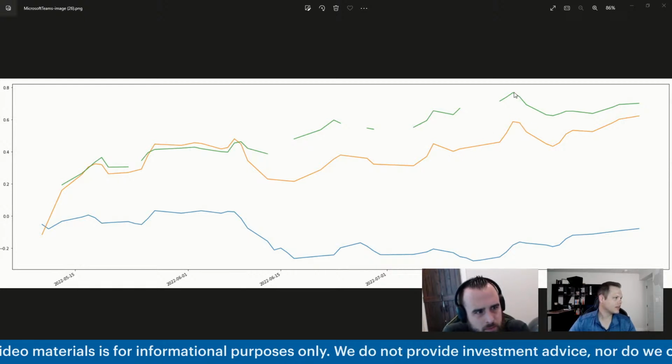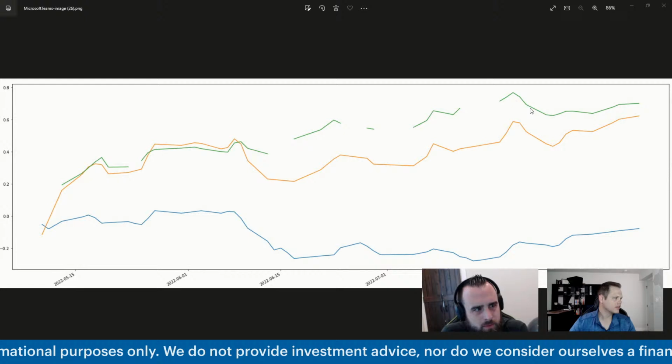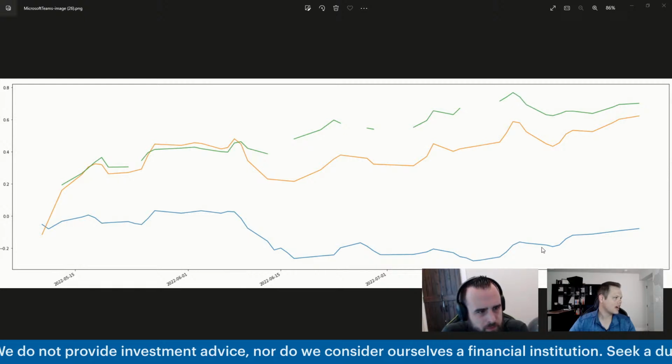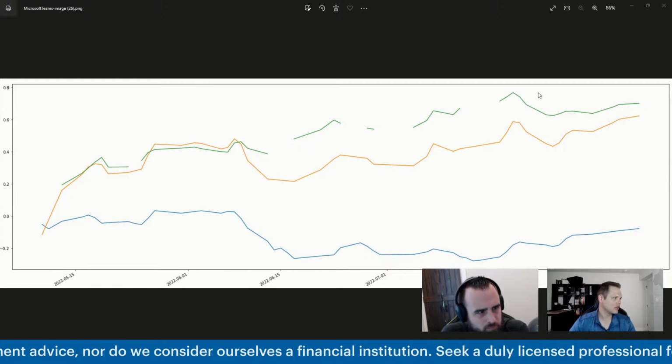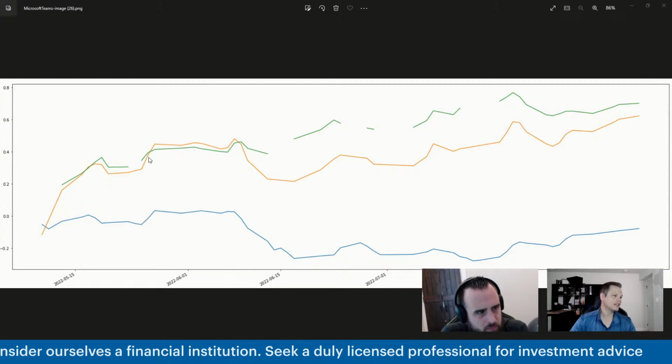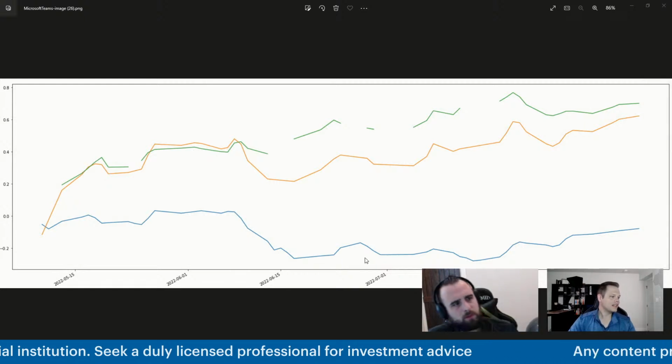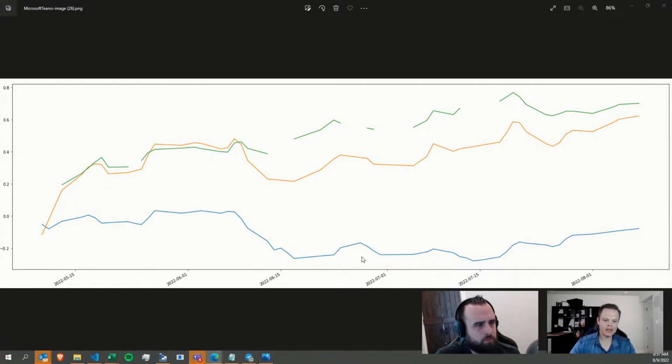I think the biggest drawdown we're going to see is right here, which is interesting because it's a bigger drawdown than the general market had. But so far, even in this weird economic environment, our one-day models are performing quite well.